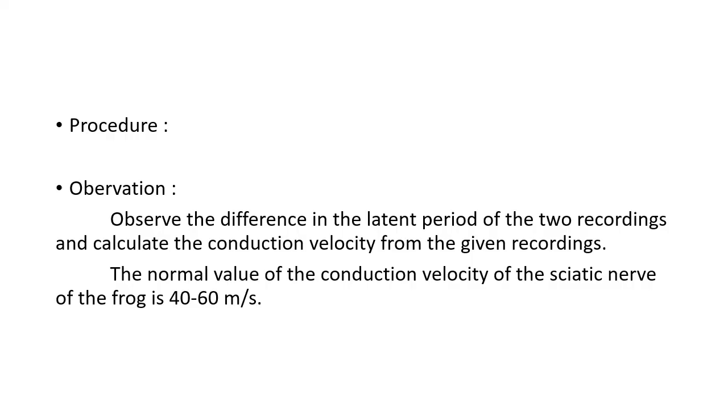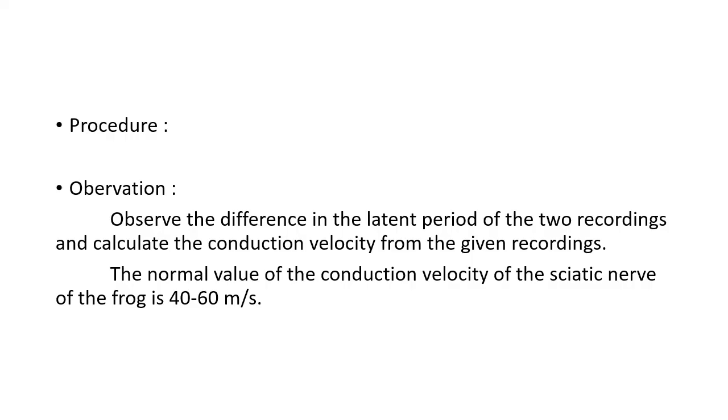This represents the time taken by the impulse to travel from one point to another. Then the distance is measured between the central points of two pairs of electrodes. And finally, the conduction velocity of the nerve is calculated by distance traveled in centimeter upon time taken by nerve impulse from one point to another in second.